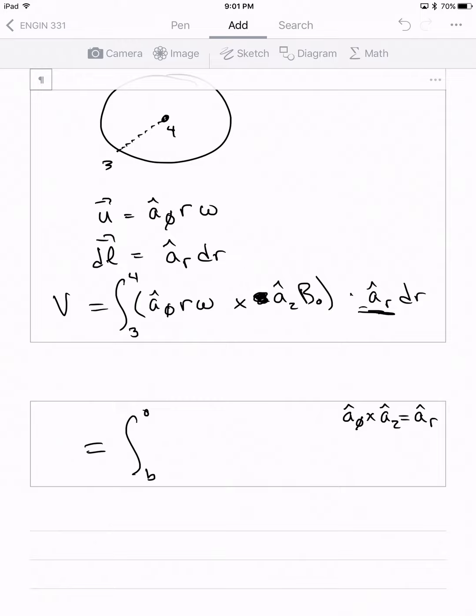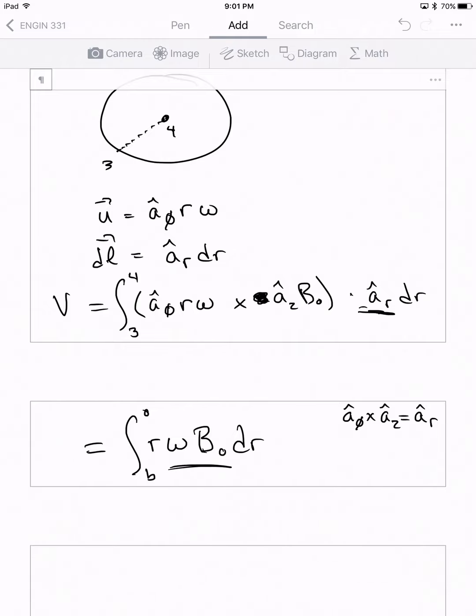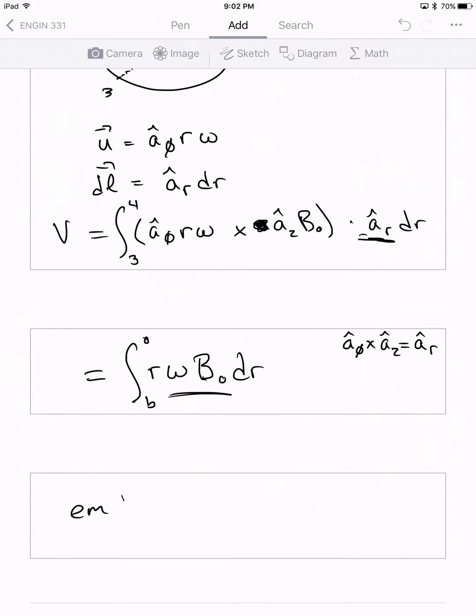So what's left is r omega B naught dr. The omega B naught don't depend on r, so our EMF is equal to omega B naught times the integral from b to 0 of r dr. We can flip the bounds on this integral by reversing the sign.